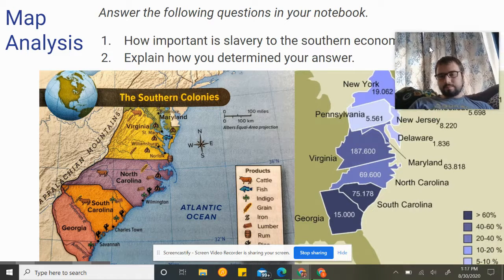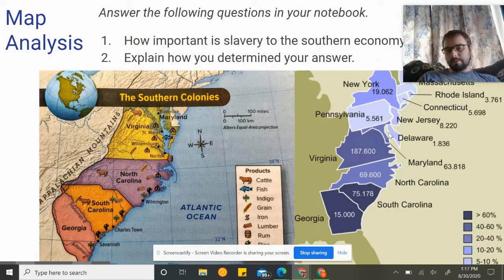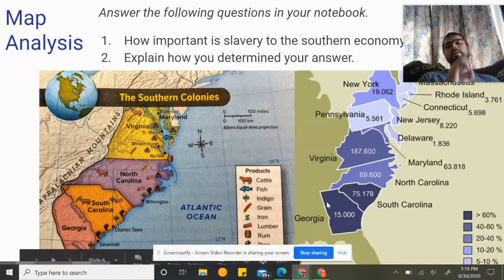Then, if we look over here at the map, see Maryland, Virginia, North Carolina, South Carolina, and Georgia, all of them have like 40% or more of their population being slaves. So like more than half the people in the Southern Colonies are slaves. That tells you that probably their economy is incredibly dependent upon slavery, and slavery is incredibly important to their economy.